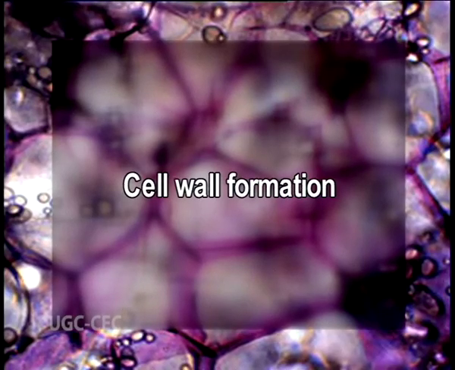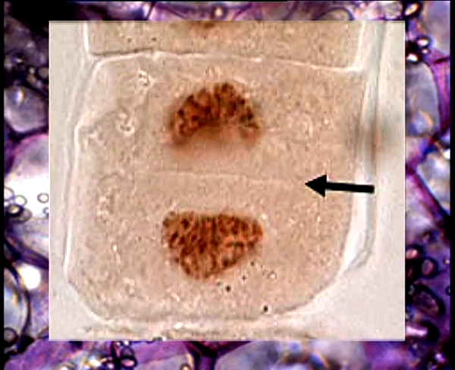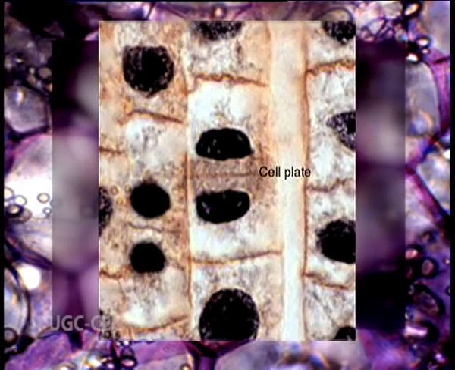Now, cell wall formation. How is this cell wall formed? The cell wall is made during cell division when the cell plate is formed between the daughter cell nuclei. The cell plate forms from a series of vesicles produced by the Golgi apparatus. The vesicles migrate along the cytoskeleton and move to the cell equator. The vesicles coalesce and dump their contents.